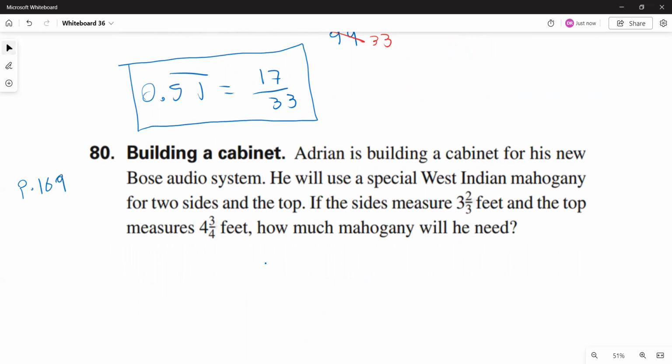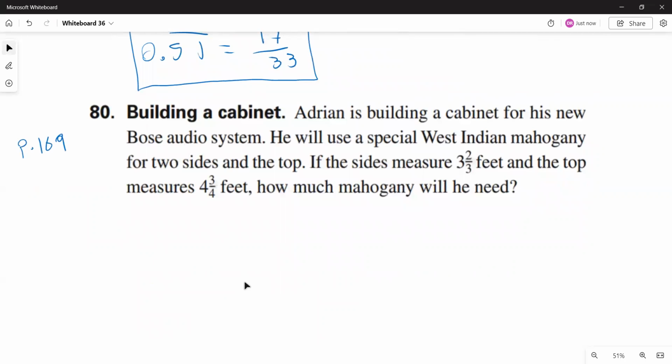Okay, so Adrian is building a cabinet for his new audio system. He will use a special West Indian mahogany for 2 sides and the top. If the side measures 2/3 feet, and the top measures 3/4 feet, how much mahogany will he need?